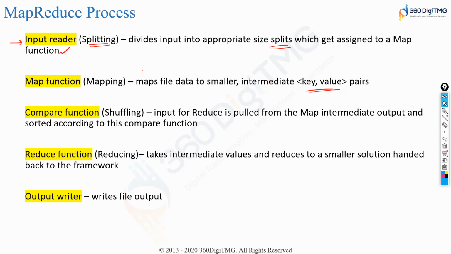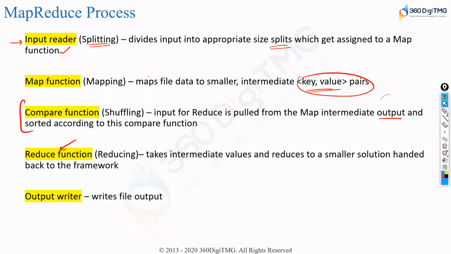Then this is an optional step we have: compare function, or shuffling function, sorting function, you might want to call that anything. Input for reduce is pulled from the map output.